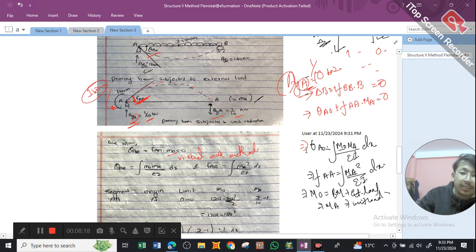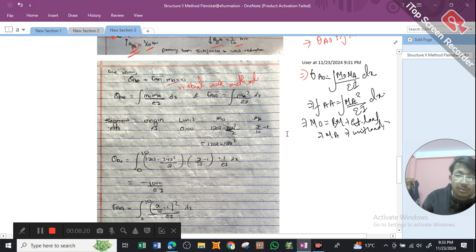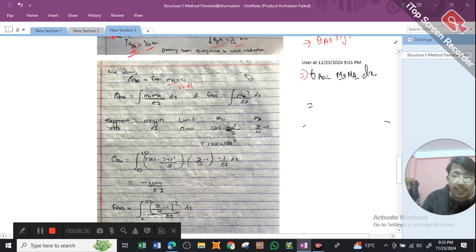So firstly, let's find out our values for M naught and MA. What we're going to do is take segment AB.